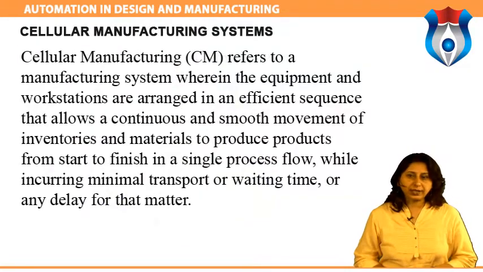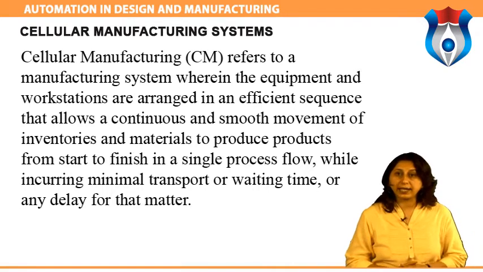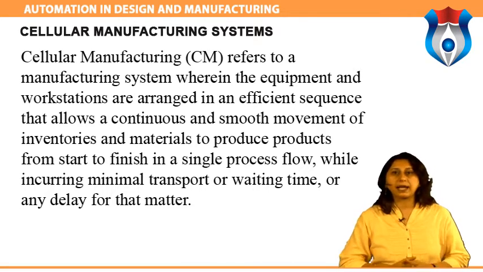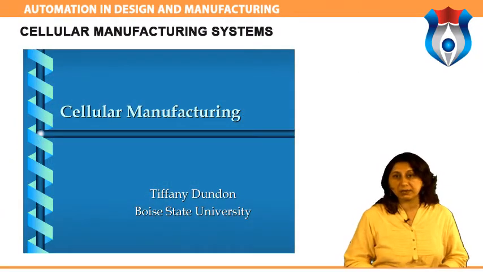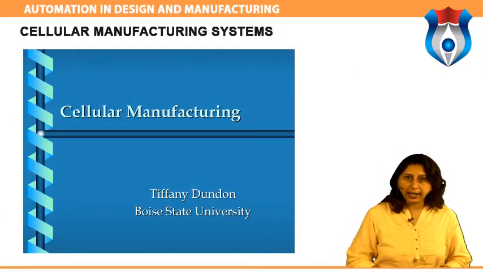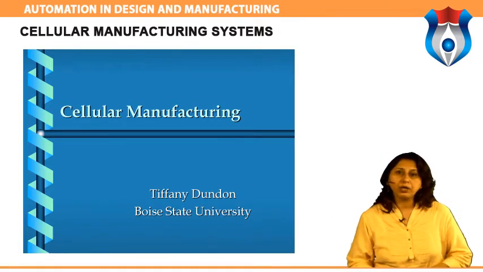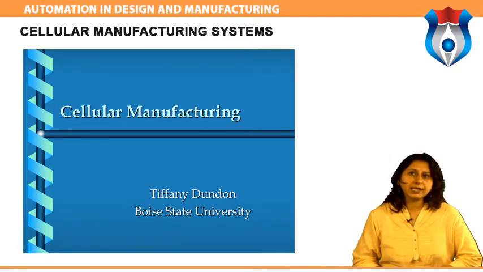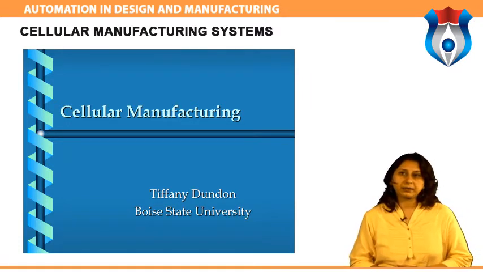Cellular manufacturing, CM, refers to a manufacturing system wherein the equipment and workstations are arranged in an efficient sequence that allows a continuous and smooth movement of inventories and materials to produce products from start to finish in a single process flow while incurring minimal transport or waiting time or any delay for that matter.